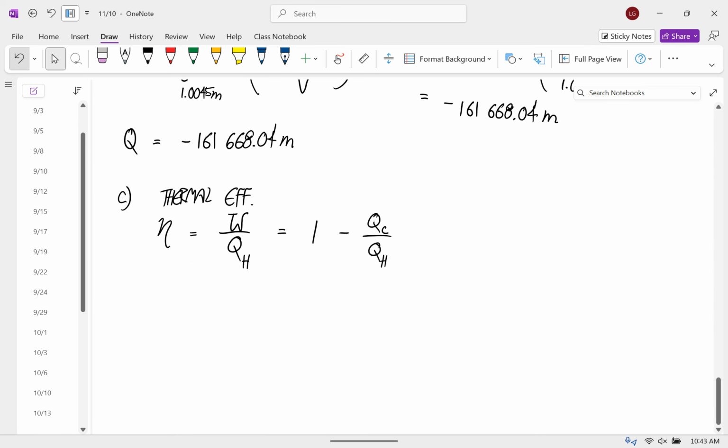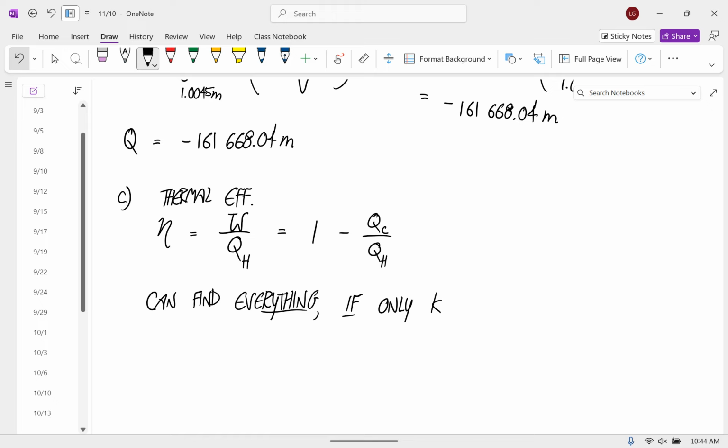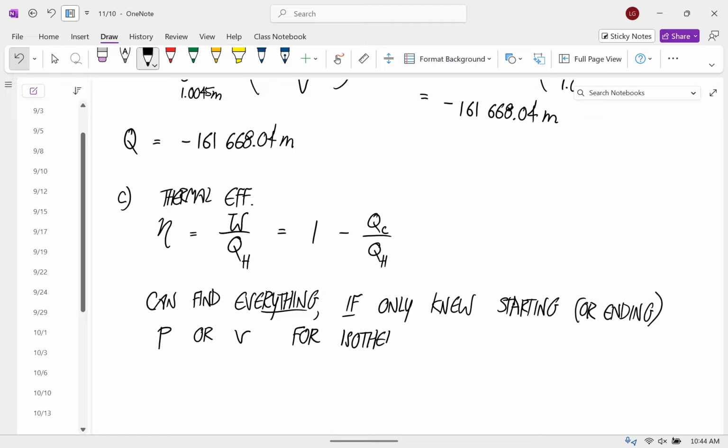The thing missing is, we can find all of this if we only knew the starting pressure or volume, or ending, for the isothermal expansion.